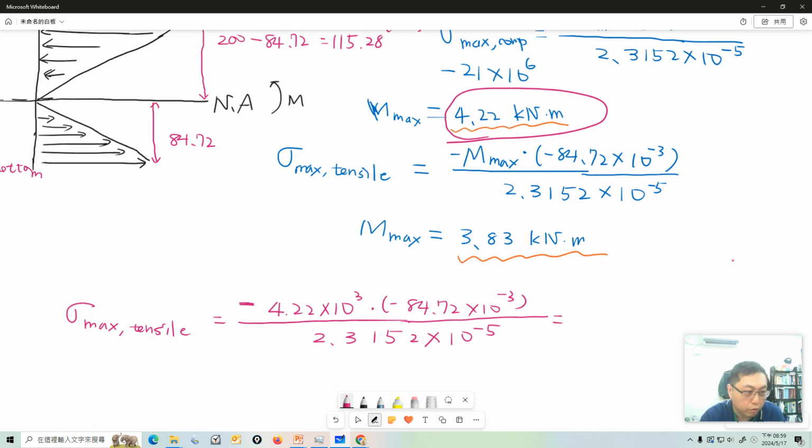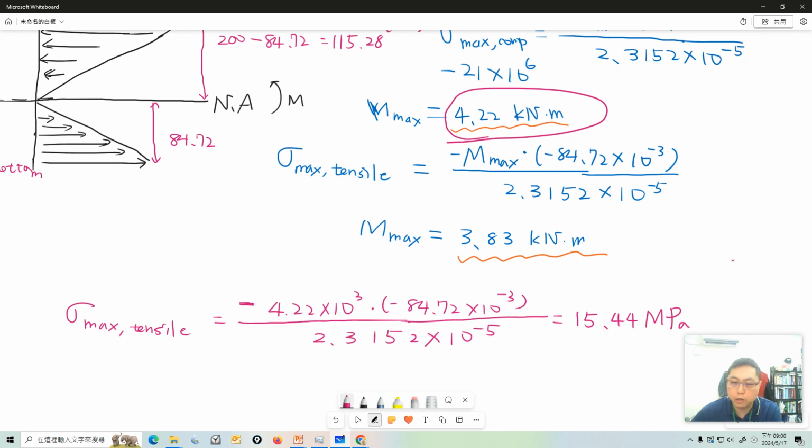So 4.22 times 84.72 divided by 2.3152 times 10 to the power minus 5, multiplied by 10 to the power 6. So this will be 15.44 megapascal.